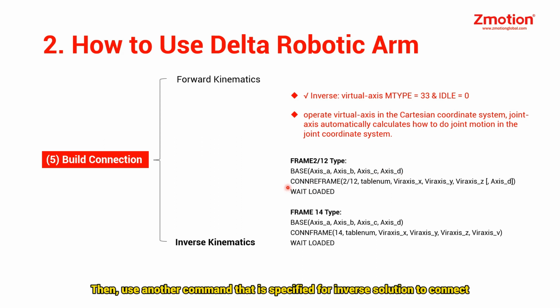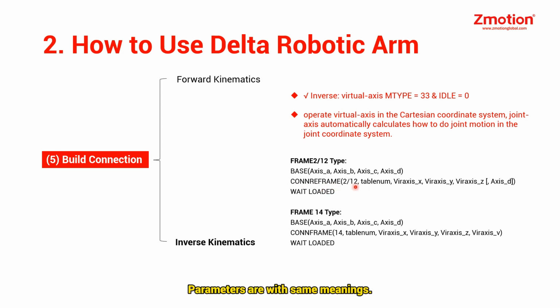Then, use another command that is specified for inverse solution to connect. Parameters are with same meanings: type, table starting number, axis number. M type 33 indicates successful connection. Now, only virtual axis can be operated in Cartesian coordinate system. It can be known 2 modes are different, please set correctly.